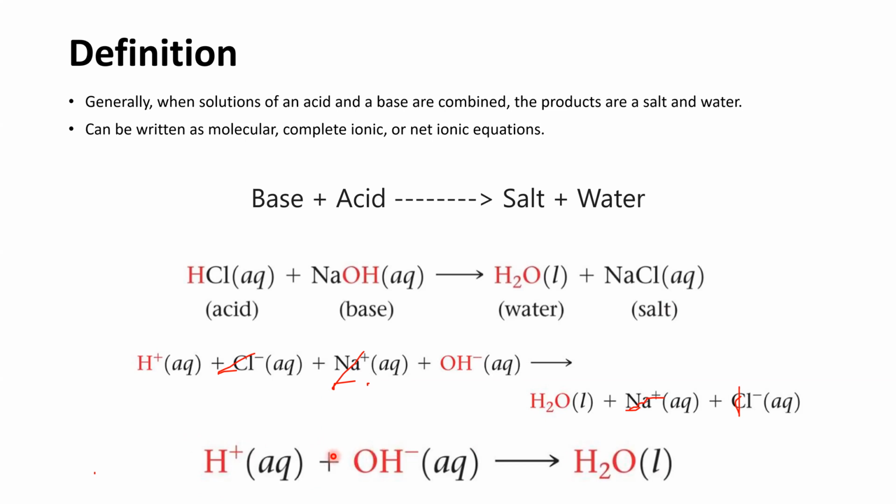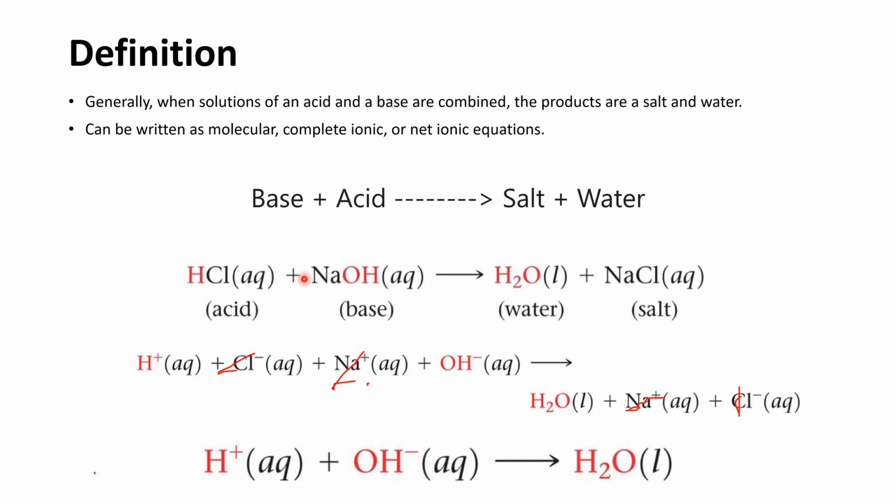The H positive is coming from the acidic species, which donates a hydrogen ion, and OH negative is coming from the base. Then they combine and give the water molecule.